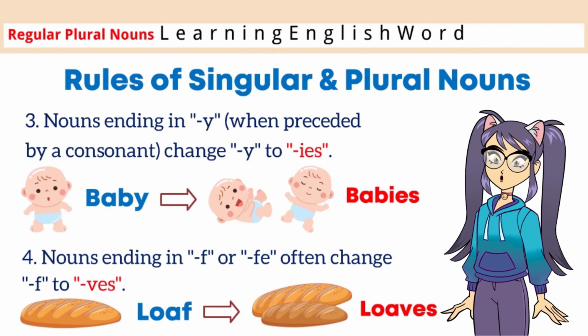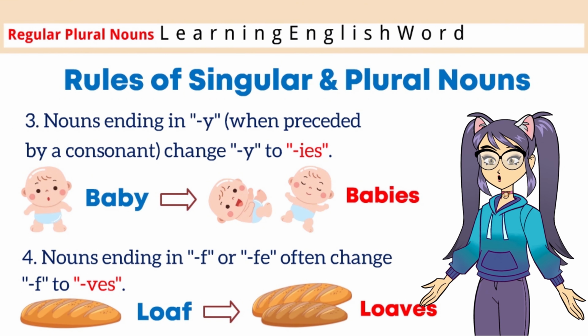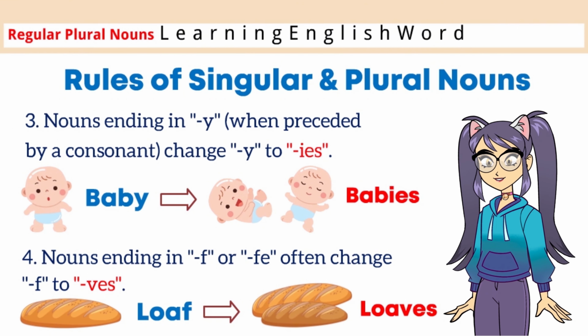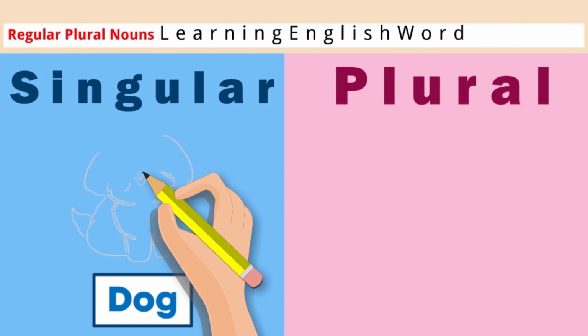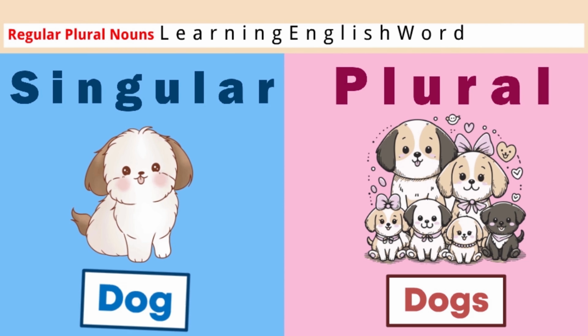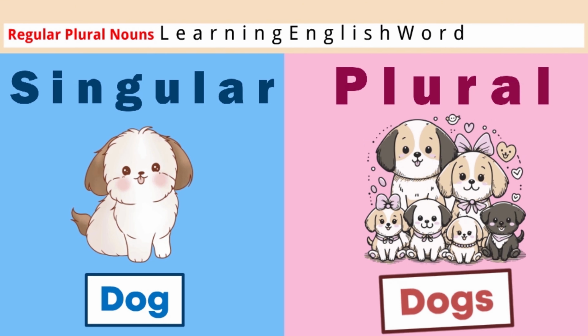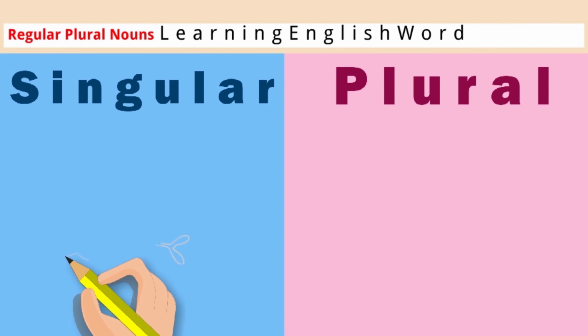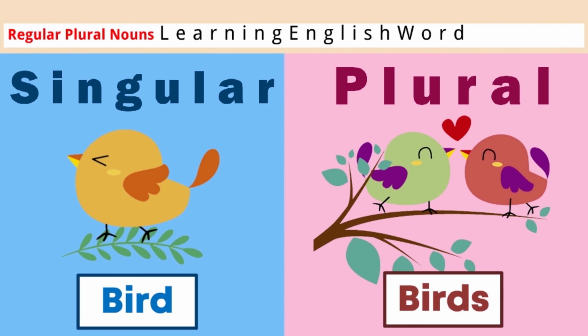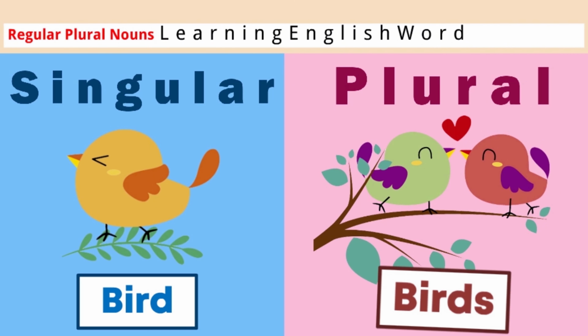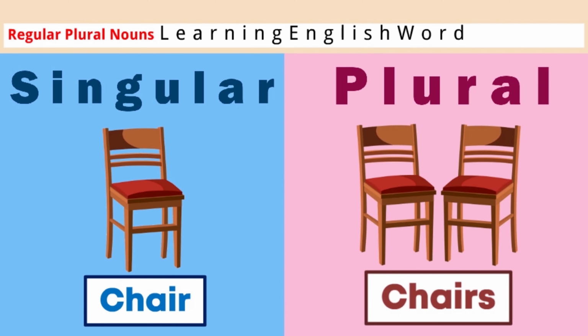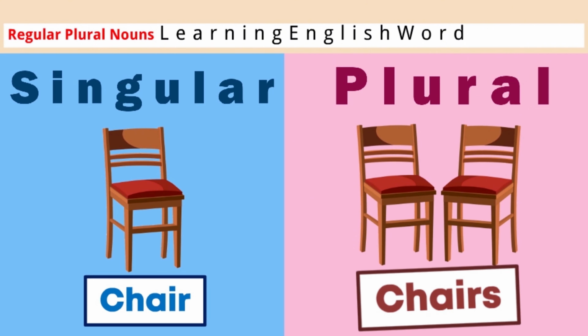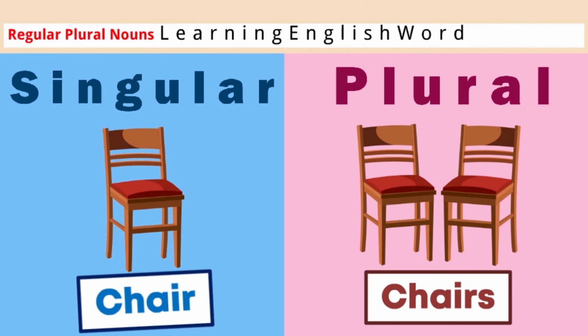Now let's see more examples of regular plural nouns for better demonstration. Dog, dogs. Bird, birds. Chair, chairs.